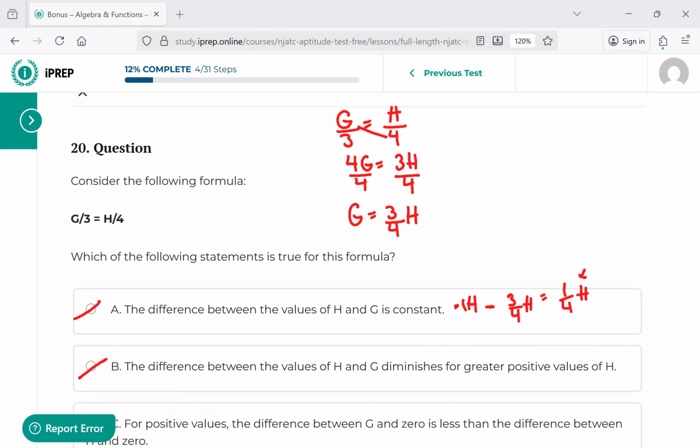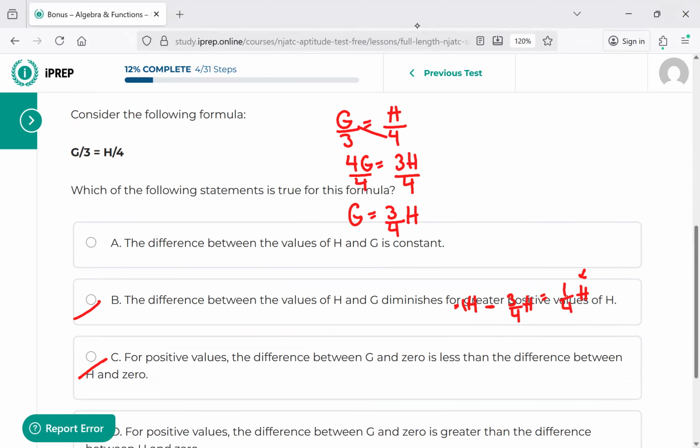Okay, what about C? For positive values, the difference between g and 0 is less than the difference between h and 0. I think that's true. It's like saying g minus 0 is less than h minus 0. g minus 0 is g, h minus 0 is h.